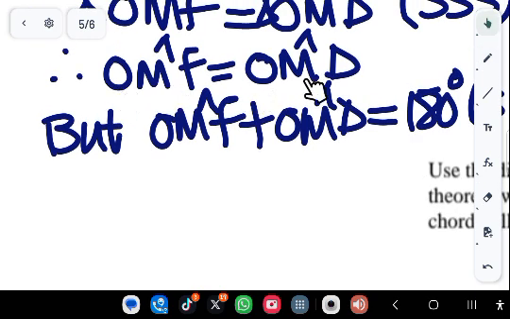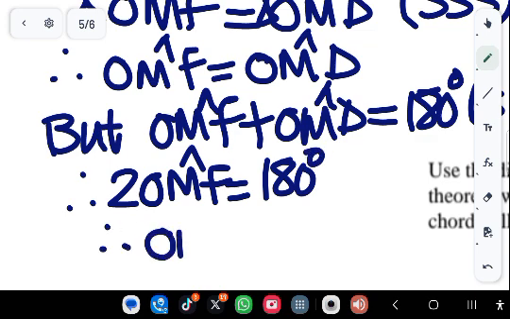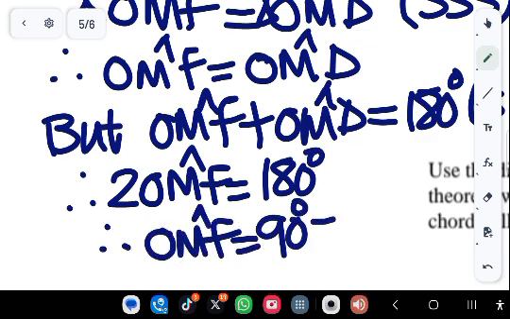But angle OMF is equal to angle OMD, therefore 2 times angle OMF, we can choose any of them, equals 180 degrees, meaning that angle OMF equals 90 degrees, which equals angle OMD.